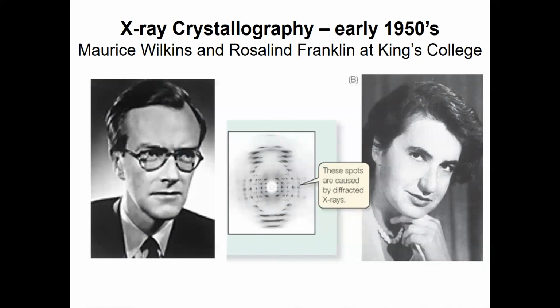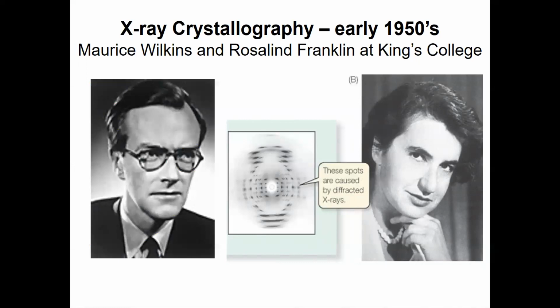Maurice Wilkins and Rosalind Franklin were very important in determining the structure of DNA because Maurice Wilkins developed important techniques to crystallize DNA and help us determine what its shape was, while Rosalind Franklin was an expert on a technique called X-ray crystallography, which allowed you to essentially take a picture of DNA.